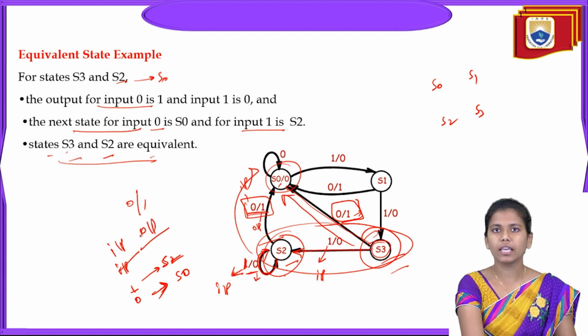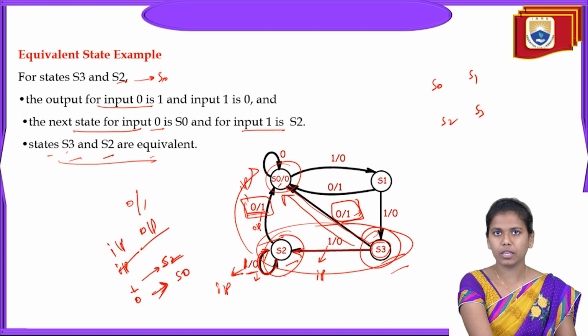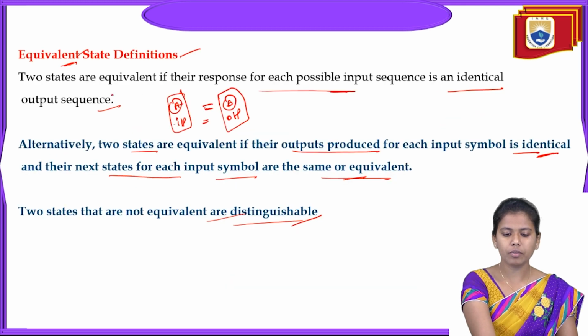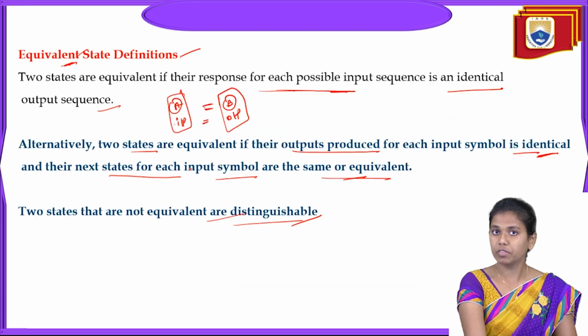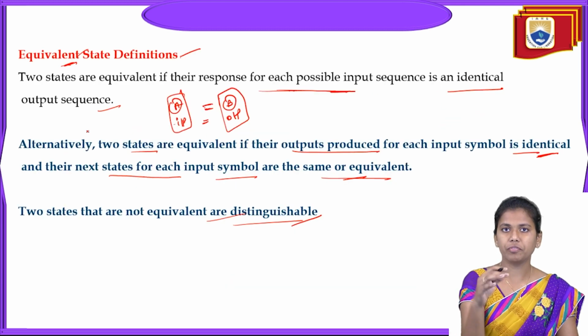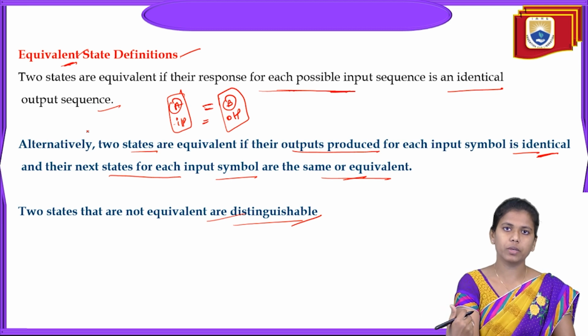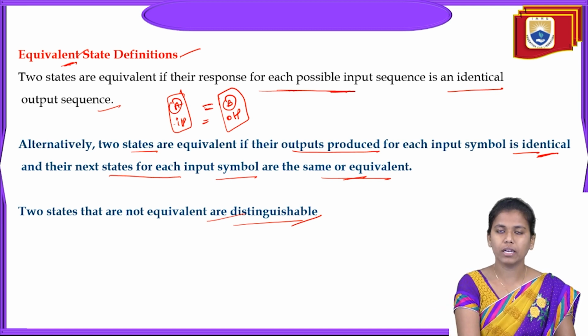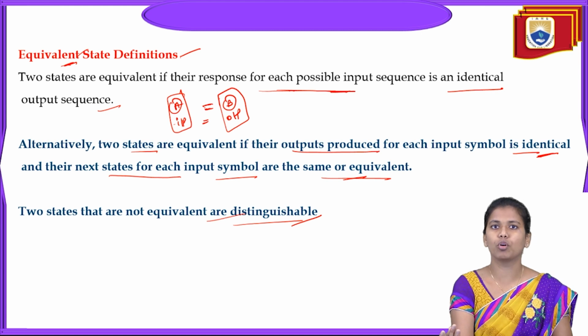If you see any similarity, that means if the response to an input sequence is identical with the output sequence, then that is nothing but an equivalent state. If you find two states to be equal, then you can make those two states one and move forward.